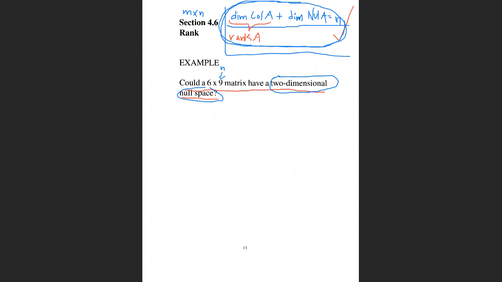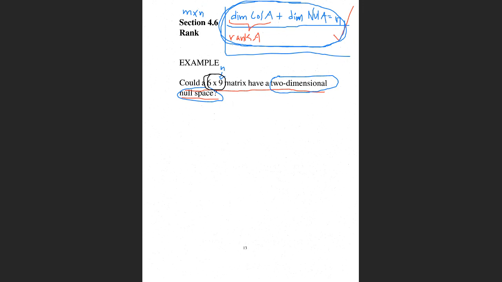Okay, so the dimension of the column space of this matrix would have to be 7. Is it possible that the dimension of the column space could be 7 for a 6 by 9 matrix? Benjamin doesn't think so.